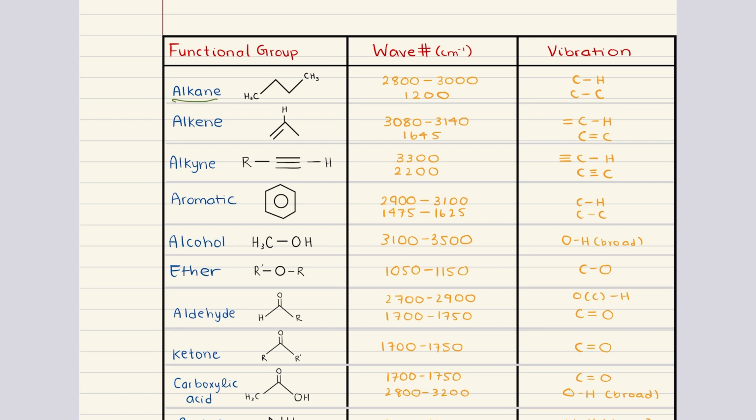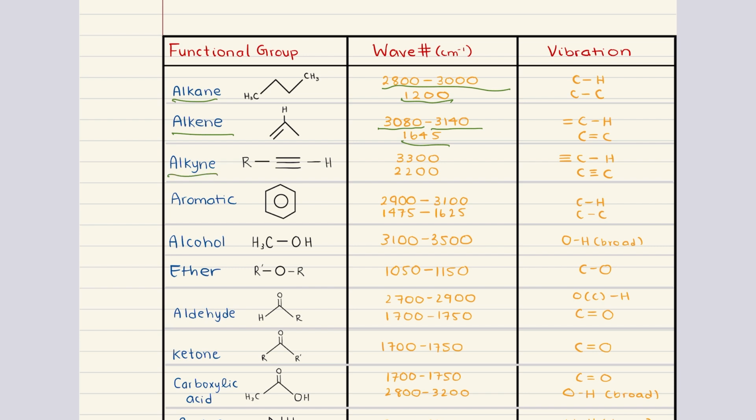Alkanes show carbon-hydrogen stretching in the region of 2,800 to 3,000 wave numbers, and carbon-carbon single bond stretches that typically appear around 1,200 wave numbers. Alkenes exhibit carbon-hydrogen stretching for double bonded carbons between 3,080 and 3,140 wave numbers, while the carbon-carbon double bond stretch appears near 1,645 wave numbers.